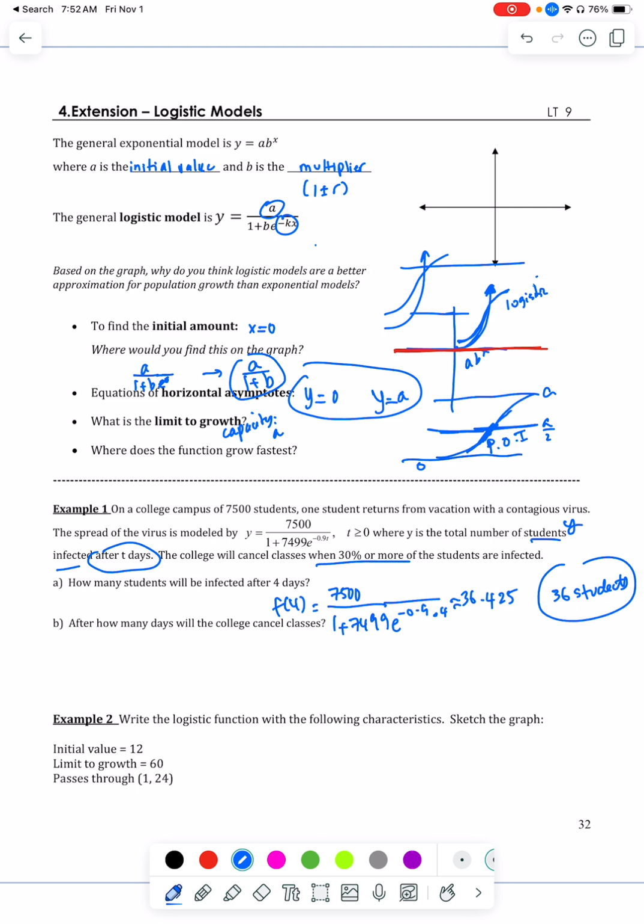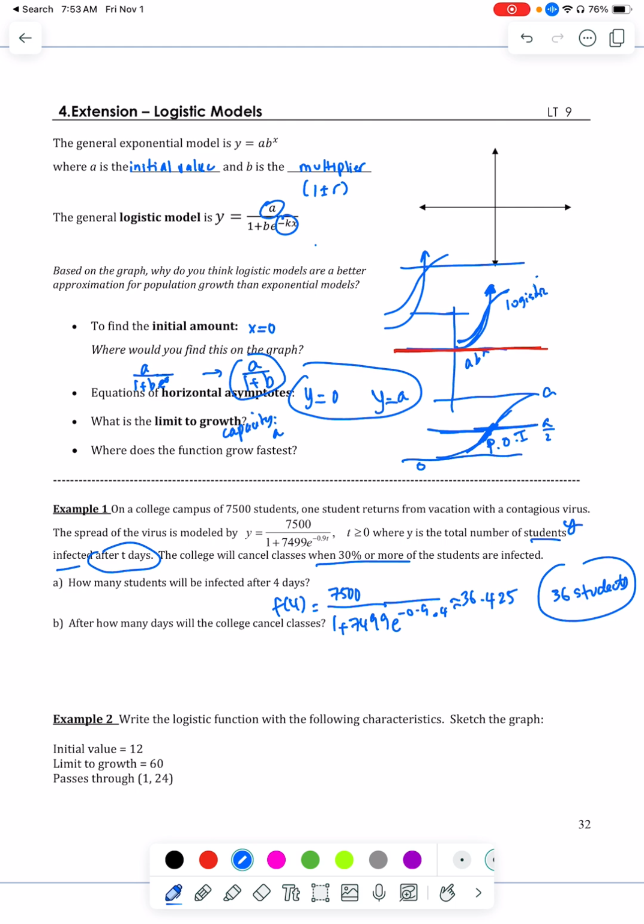And then for part B, it says, after how many days will the college cancel classes? So how do we do that? Think about it for a minute, maybe pause the video and think about what's going on here.